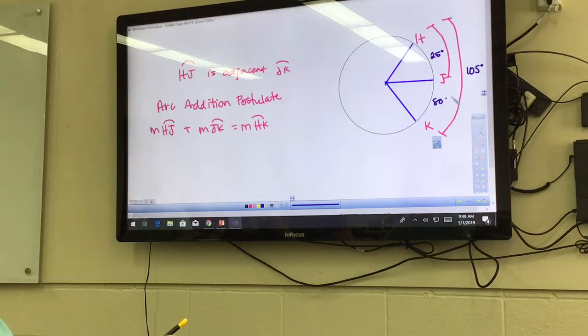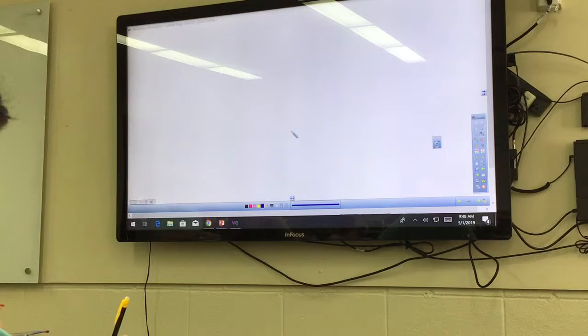So it's the same concept we've been doing since the beginning of school, but now it's on a circle versus a segment or an angle. Okay? Alright, so you look on page 710, and let's look at 7, 8, and 9.